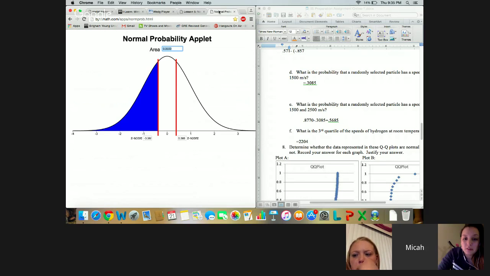Then you'd use the Z-score, 0.385 equals X minus 0.66 over 0.07, and you would solve for X, and that would be your 35th percentile.